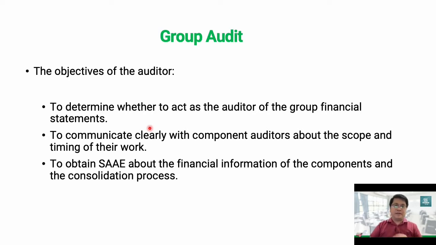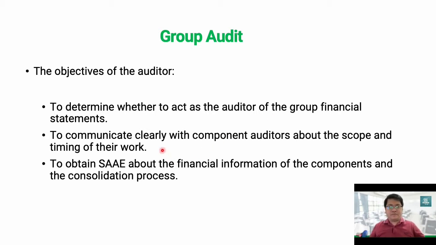Although they operate as separate entities, they are linked, for example by common ownership, or they are owned by the parent entity. Therefore, in substance, they are really just one entity divided into different companies. So we will have to audit the group financial statements together with the information of the different components.